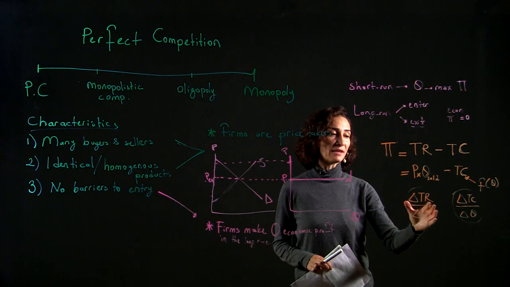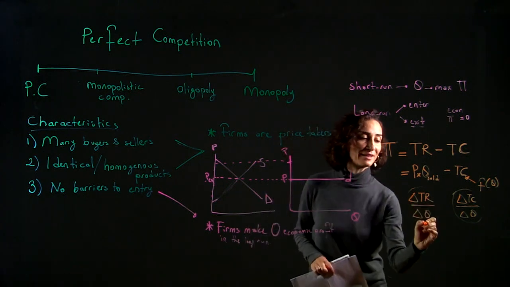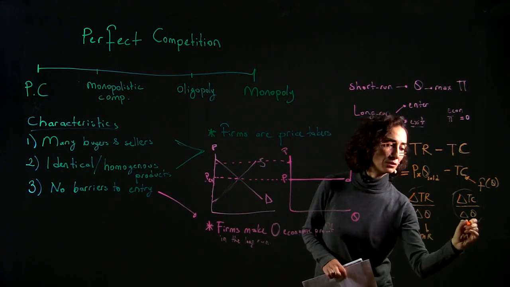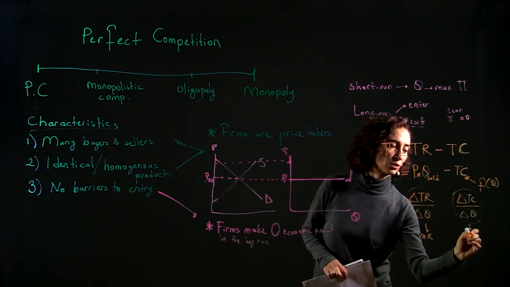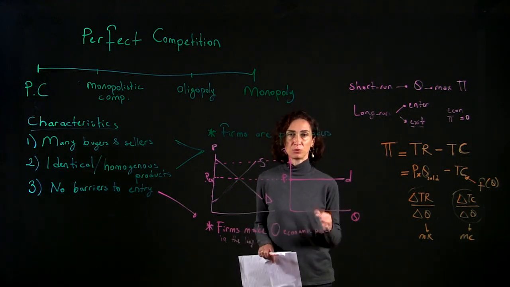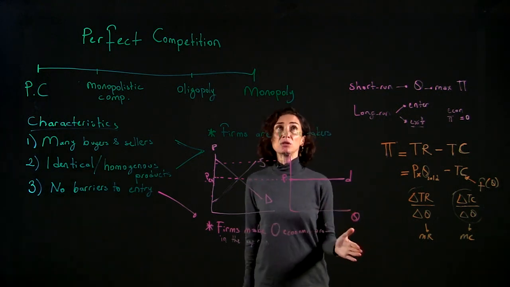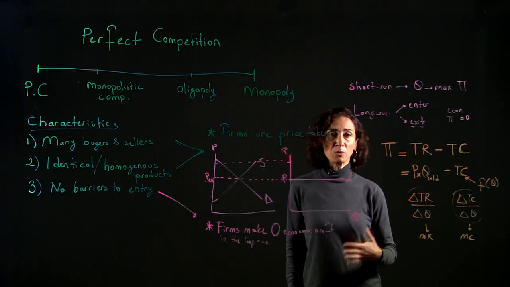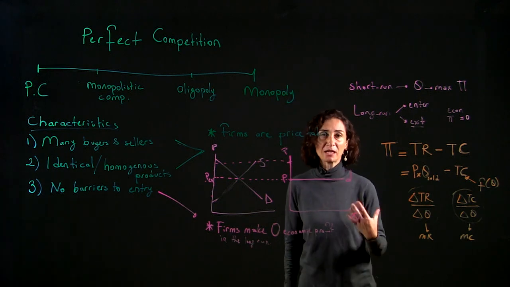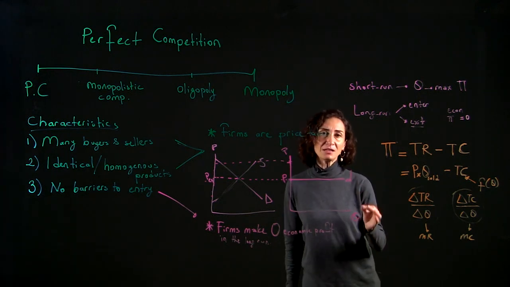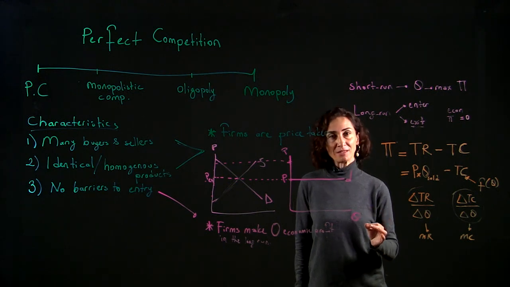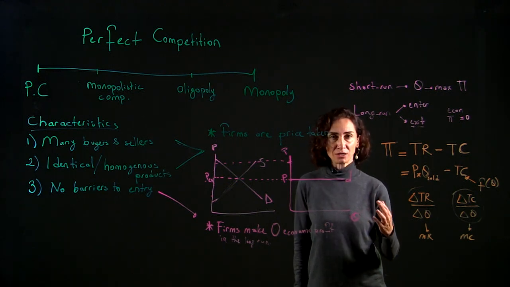So basically, we are looking at the relationship between marginal revenue and marginal cost. Remember, in the very beginning of this course, when we were talking about what economic analysis is about, we said it is about the calculations of benefits and costs at the margin, right?